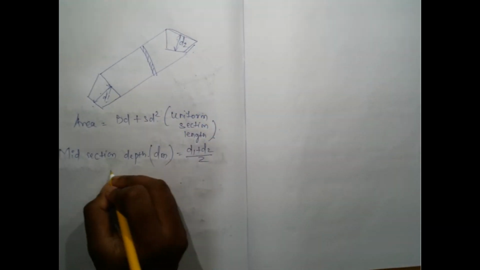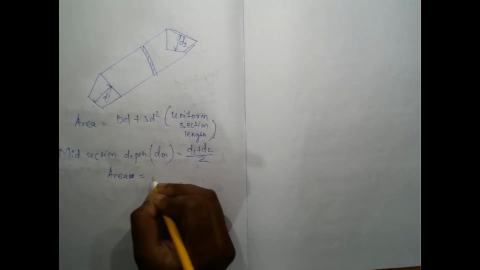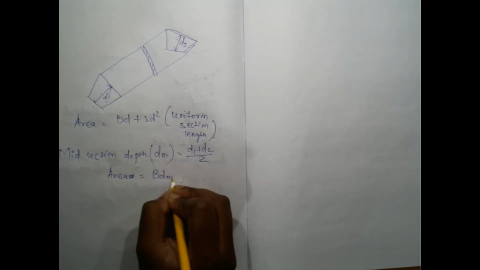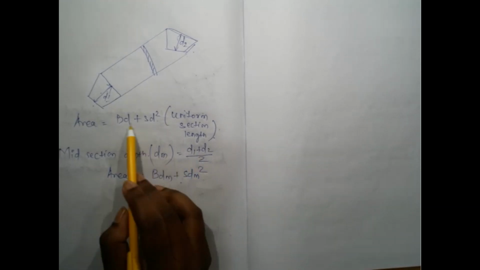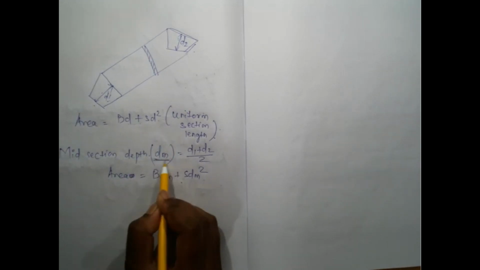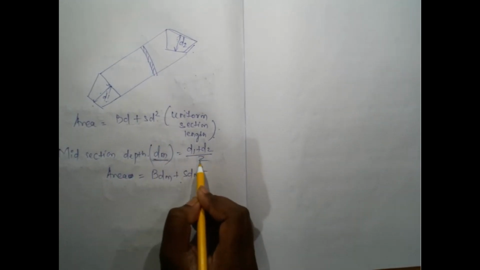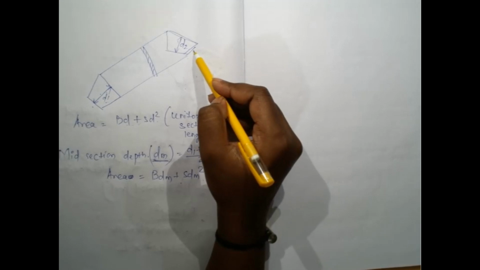So the area will now become BDM plus SDM square, as we are replacing the D with DM, and DM is known as D1 plus D2 by 2. D1 is the depth of this area and D2 is the depth of this area.